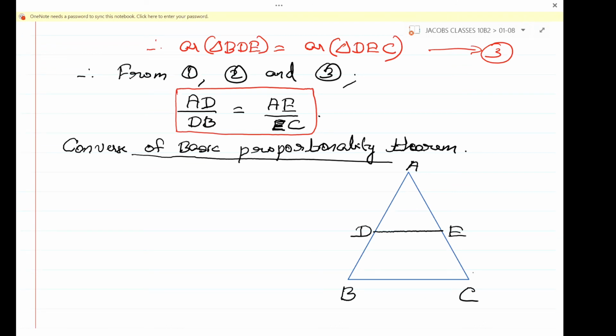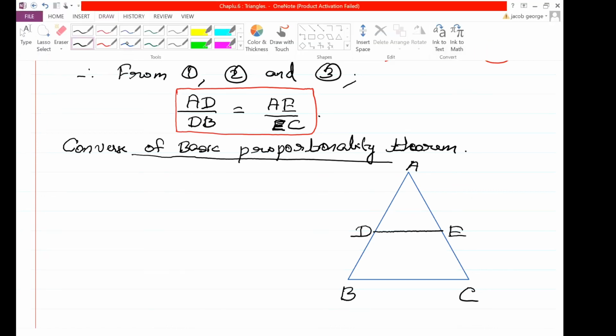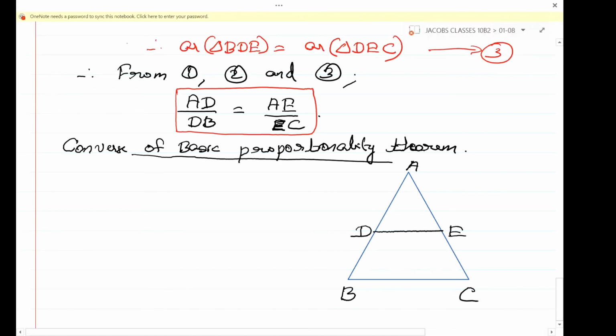So what we proved in the previous part is a given, and we can conclude the given part of the previous theorem.